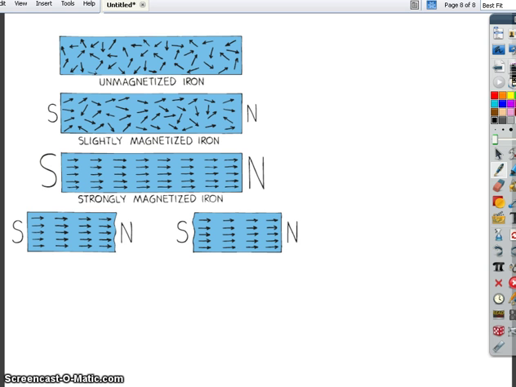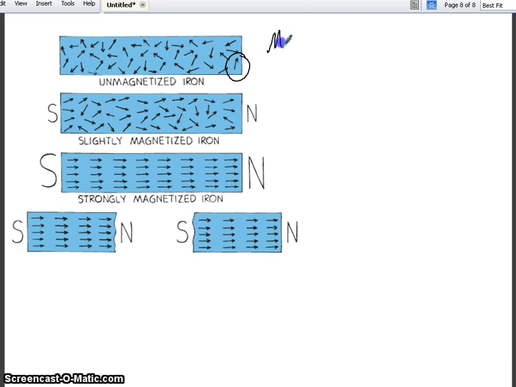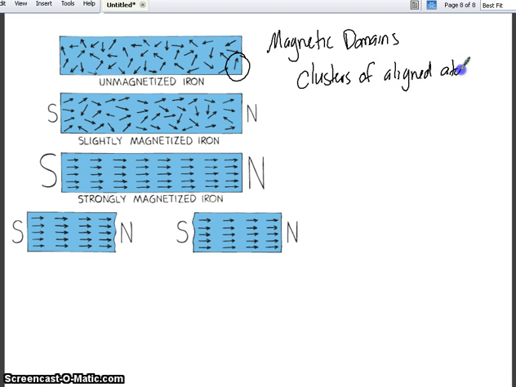This is an example of what a magnetized and unmagnetized piece of metal looks like. Basically, inside certain metals, we have what are called magnetic domains. These are clusters of aligned atoms. Each of these arrows represents a magnetic domain.